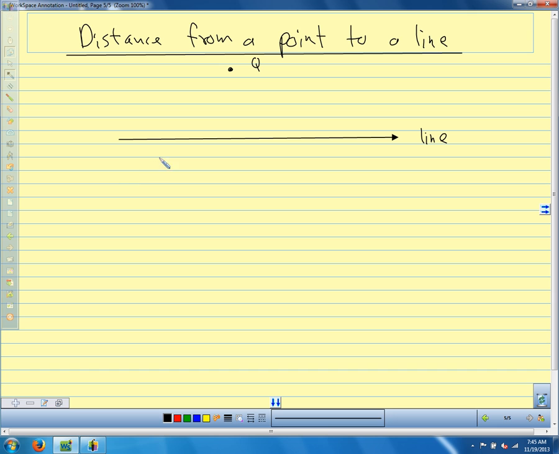I'm going to pick some arbitrary point on the line, P. And I'm going to draw the vector PQ. We'll call this angle theta. And this distance is the distance that we're looking for.